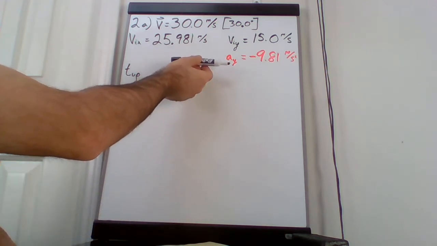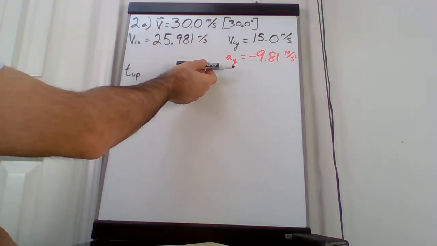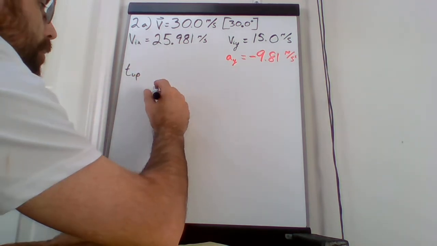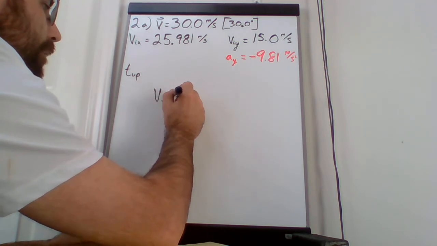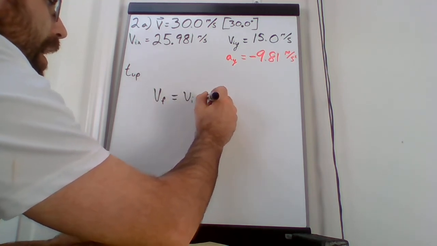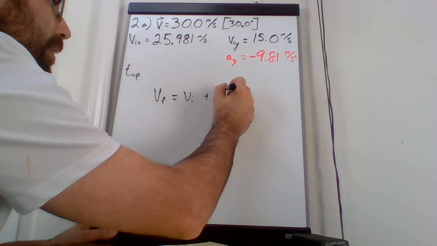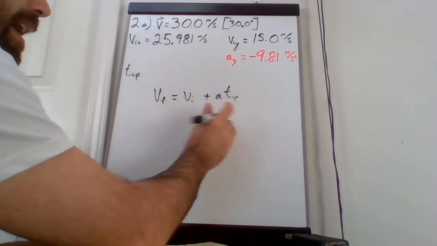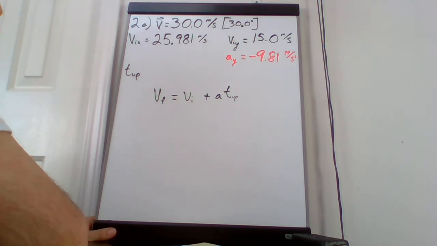Momentarily at that top, the final velocity is going to be 0. So for this situation, we can use the formula Vf equals Vi plus acceleration multiplied by time. And that is that time up.